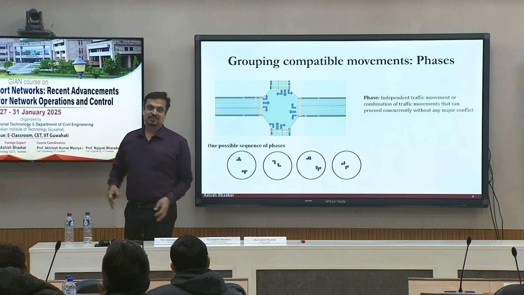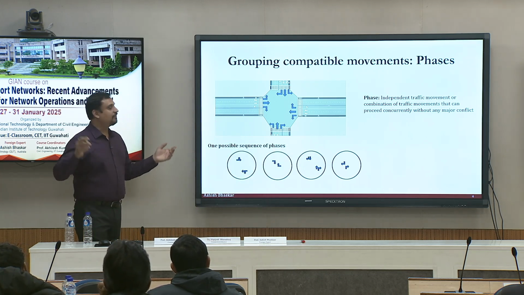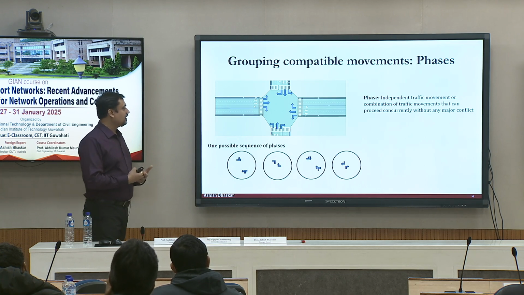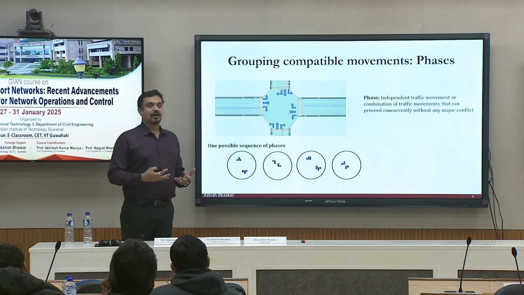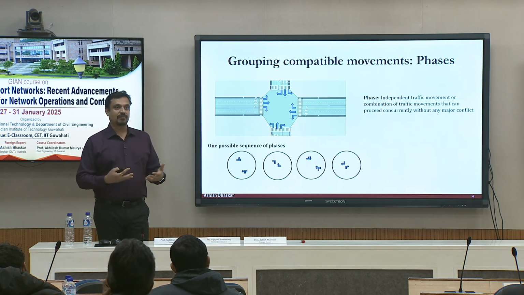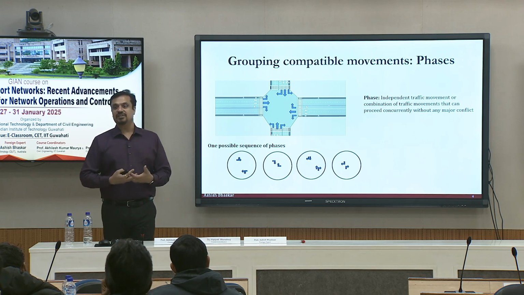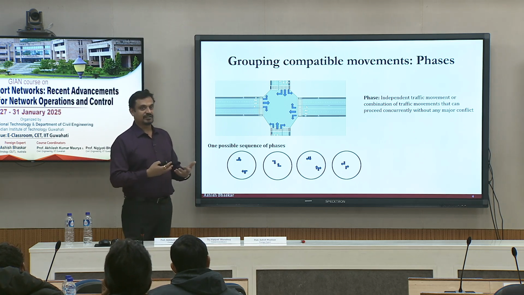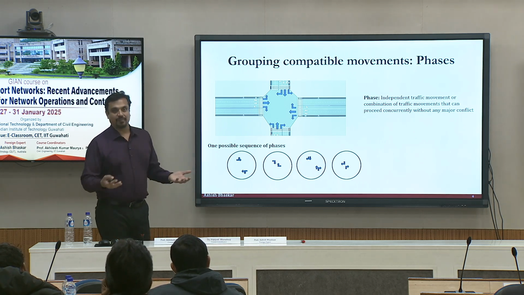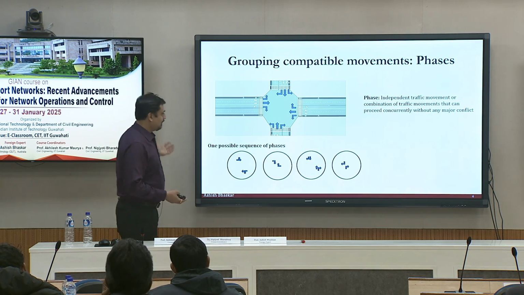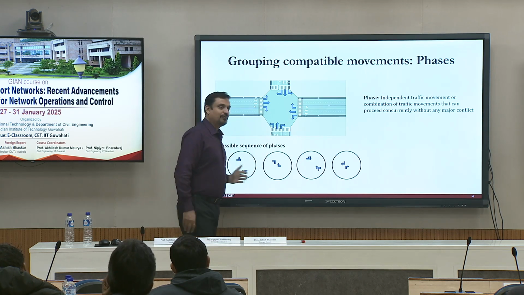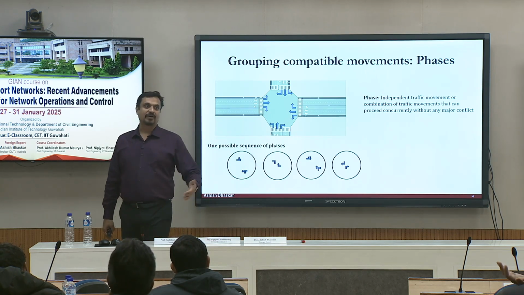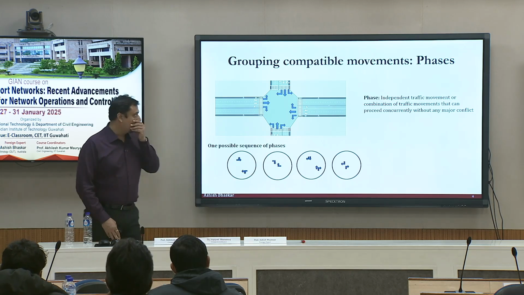I can have different phases with the objective that they should be safe. They should be compatible with each other. They should not lead to accidents. That's the requirement. I can have 16 phases, I can have 4 phases, I can have whatever number is needed to actually make it safe.